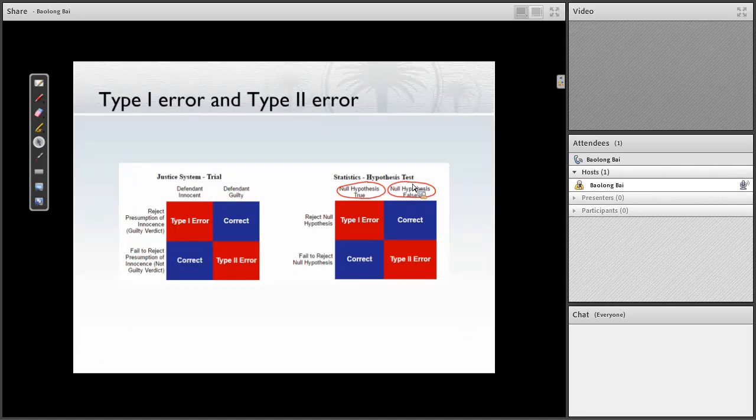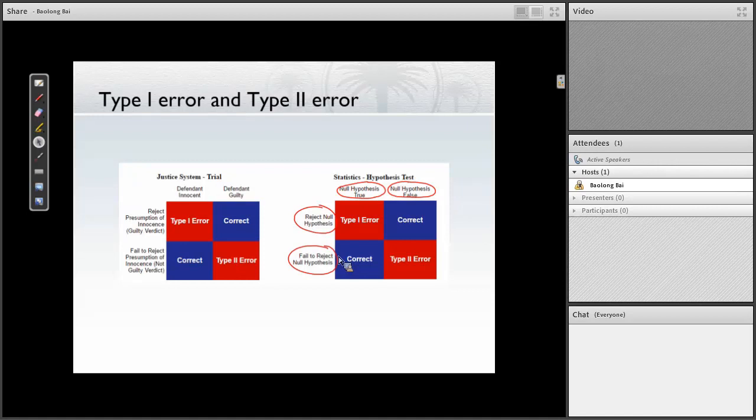At the same time, we are going to make a decision. We're going to decide if the null hypothesis is true or false based on the sample we collect. If we get a different sample, then we're going to make a different decision, right? So we only have two possible decisions to make. One is we're going to reject the null versus we fail to reject the null.